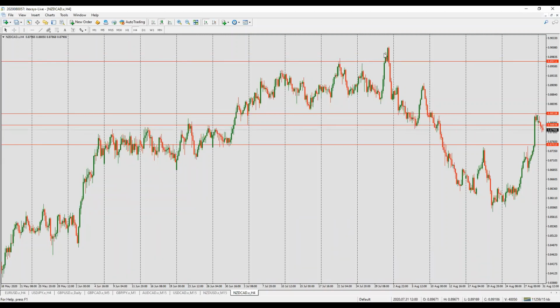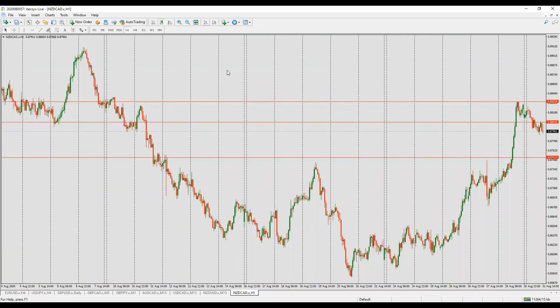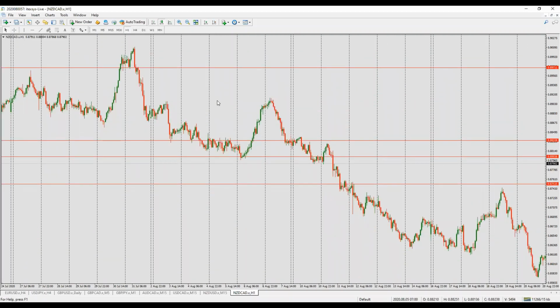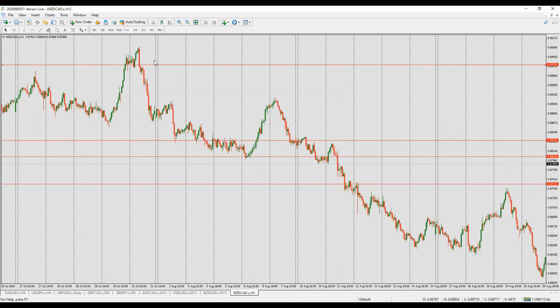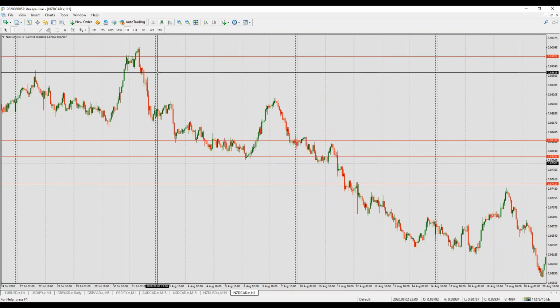Let's take a deep look at this level on the 1-hour chart. Okay, this is how it looks. And to be more precise, this is where I look for a sell position.